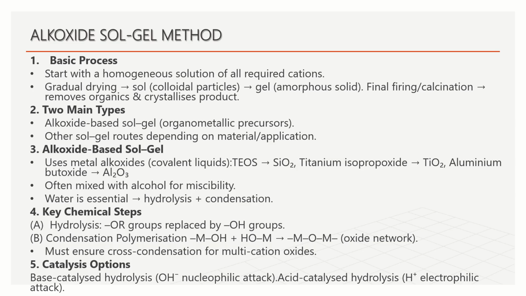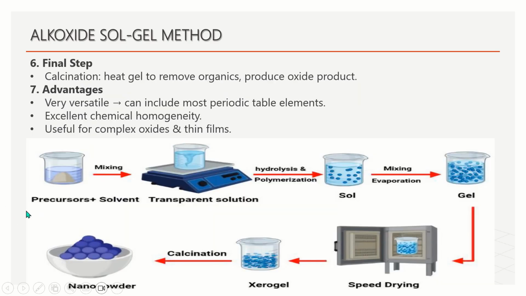The first step is to prepare a homogeneous solution with all the metal ions mixed in the exact ratio we want. This is much better than powder mixing because now the atoms are mixed molecule by molecule. As shown in this picture, the precursor and the solvent are mixed, and a transparent solution is formed. Then the solution slowly thickens into a sol, which contains extremely tiny particles of colloidal size.